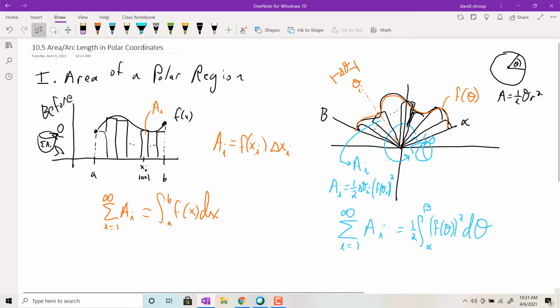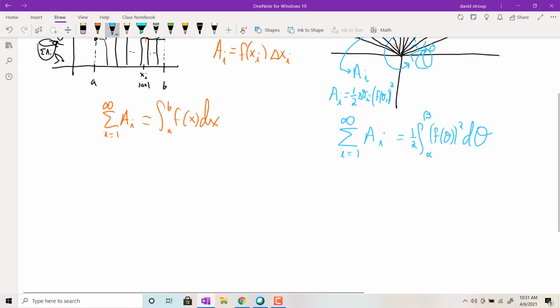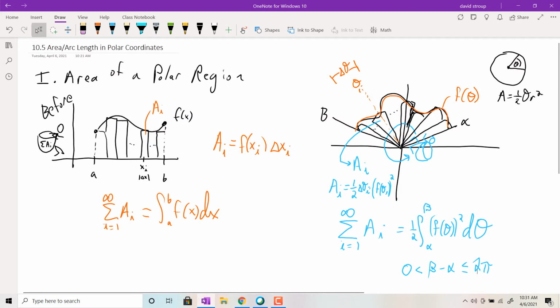One thing you have to be real careful about is this alpha and beta. They have to be within 2 pi. So just one note here, beta minus alpha needs to be less than or equal to 2 pi. Otherwise, you'll end up overcounting the area. Because if you remember some of the graphs, we would trace it out, and then if you kept tracing, it would just trace over itself.